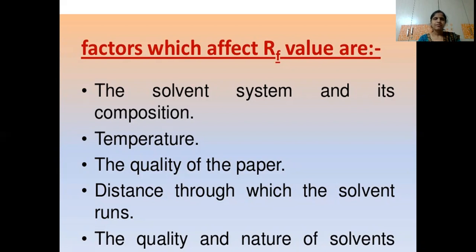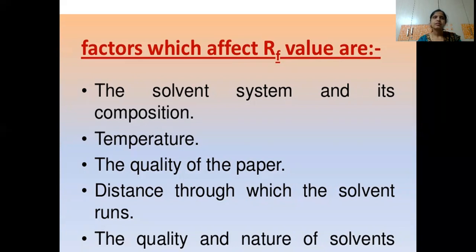So what we have covered is the principle behind chromatography. It is mainly an adsorption technique, and the various phases involved in chromatography are stationary phase and mobile phase. Depending upon the type of the phases, the classification of chromatography, or the various techniques of chromatography, are different based on these two phases.